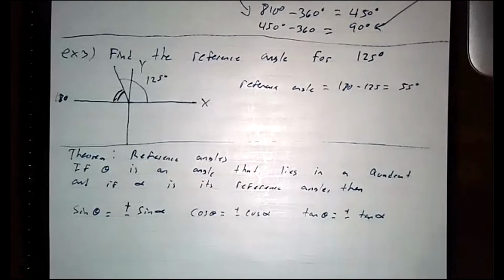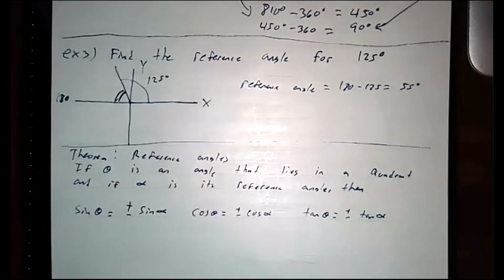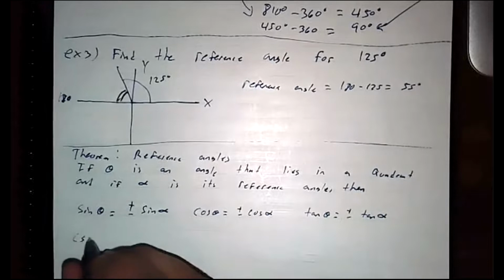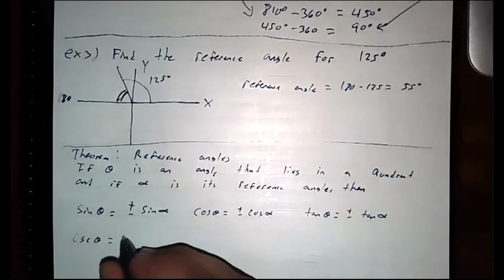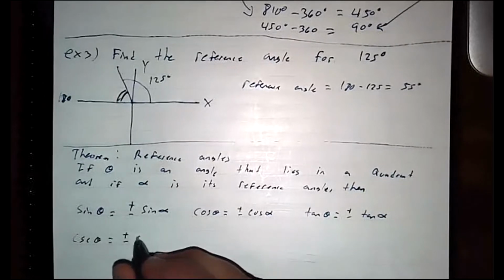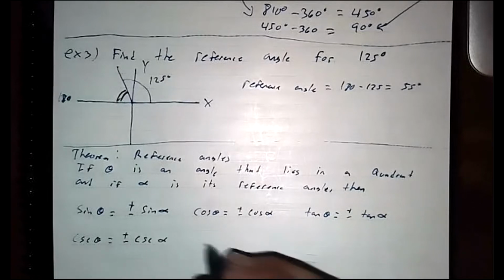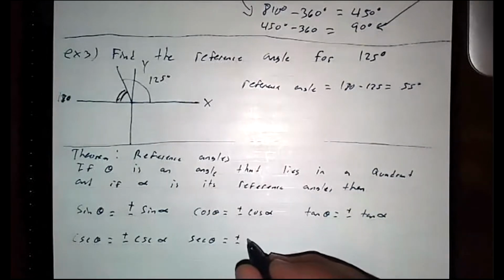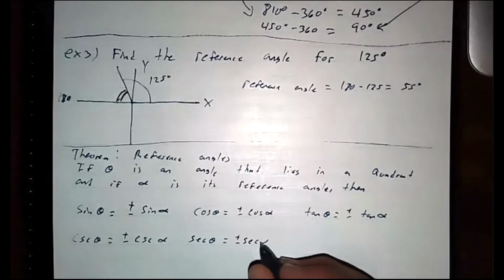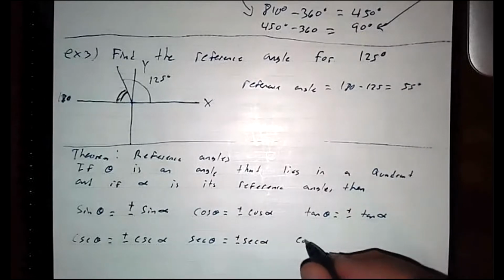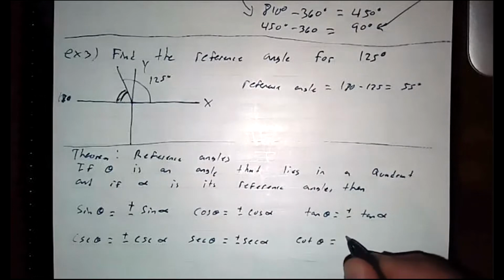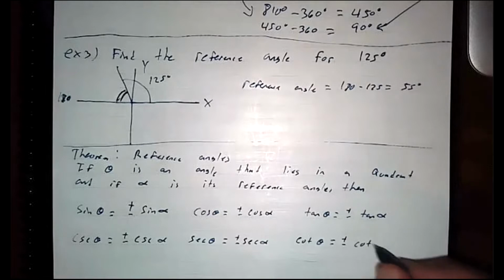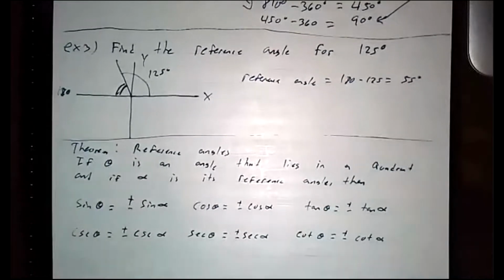That will be determined by the quadrant, and I'll give you a little chart in a second. Cosecant theta is equal to plus or minus cosecant alpha. Secant theta is equal to plus or minus secant alpha. Cotangent theta is equal to plus or minus cotangent alpha.